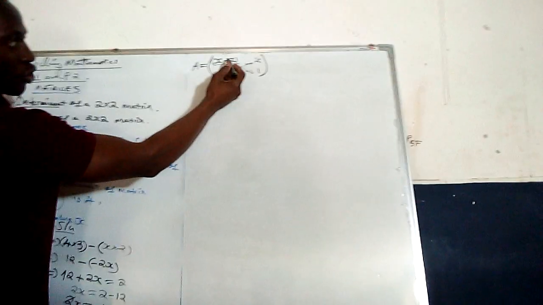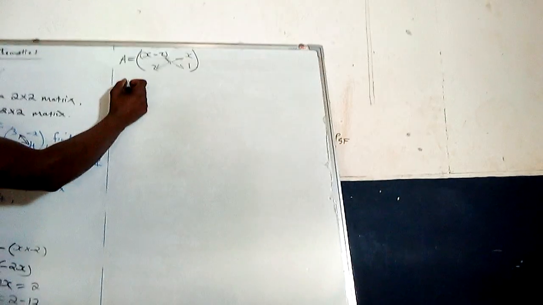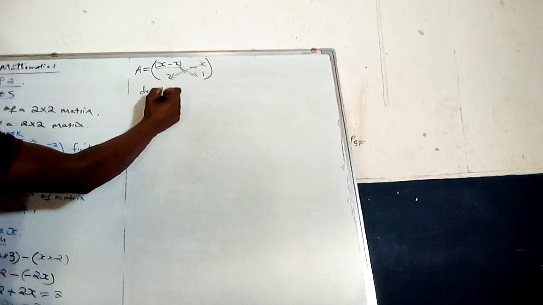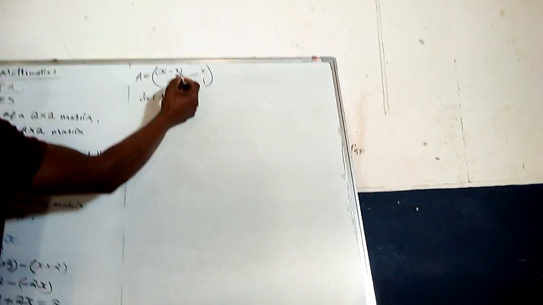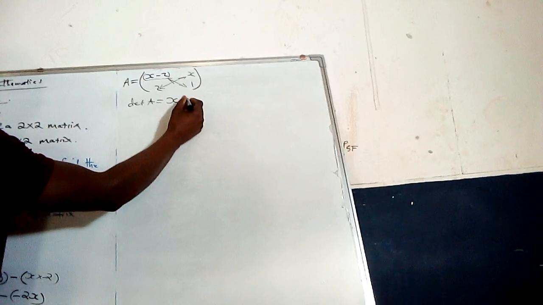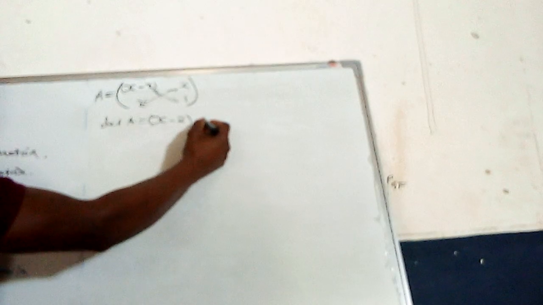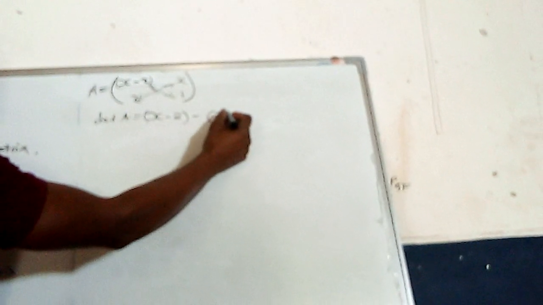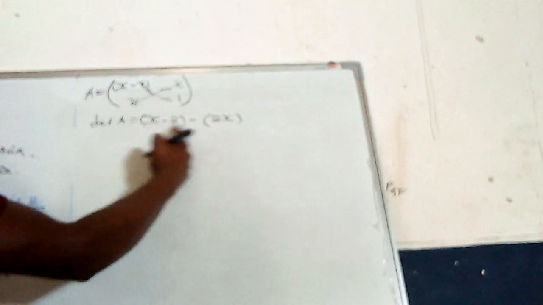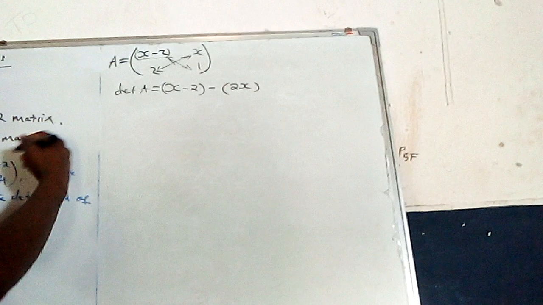We write the expression for finding the determinant of matrix A, and that will be A equals 1 times x minus 2. We see that it will be x minus 2. Take note. Then remember, we need to subtract 2 times x, that will be 2x. By doing this, we are actually finding the determinant of matrix A.